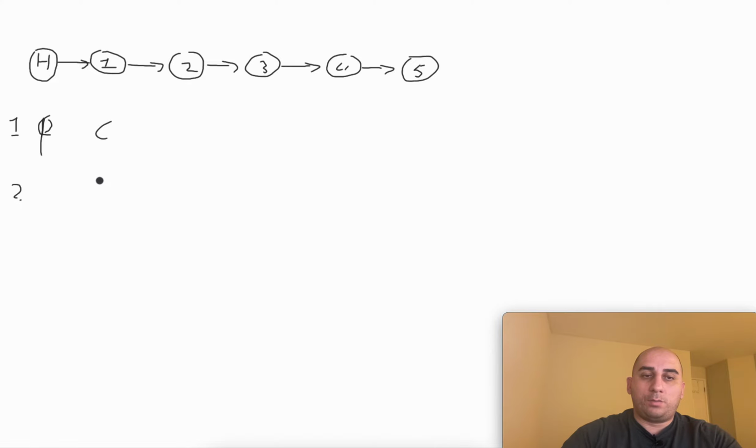Then our pointer previous will move to the first, and our current will move to the second. So this is basically our left element we found, and from here we are going to move until we find our right element and reverse the list there.